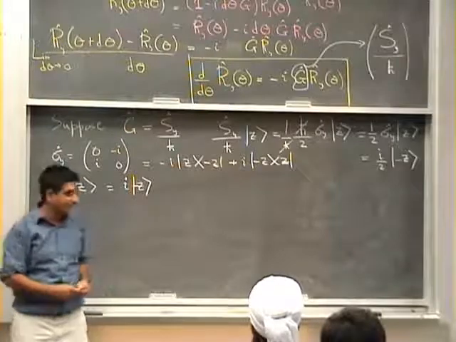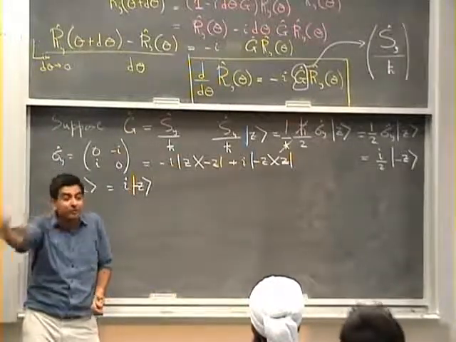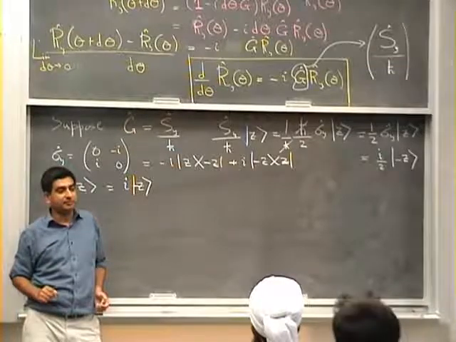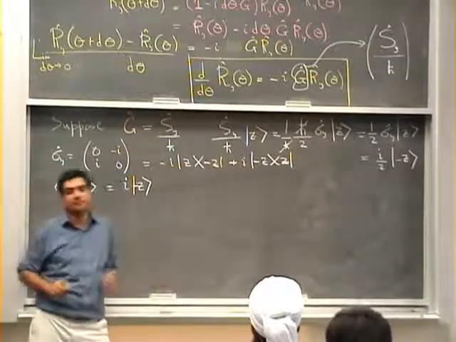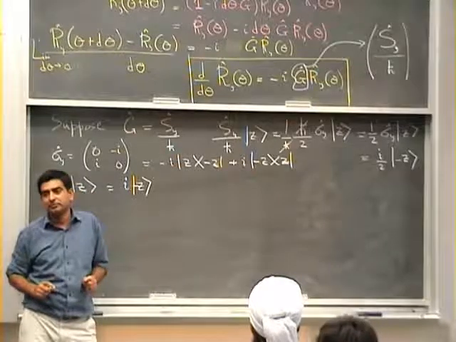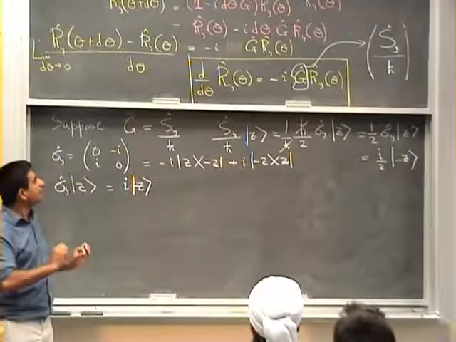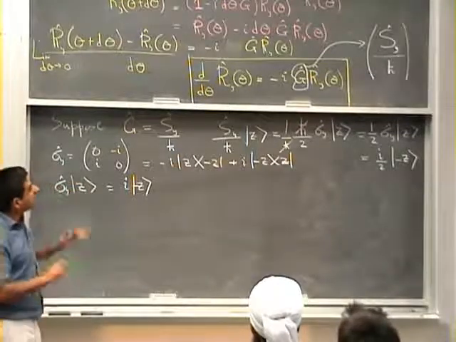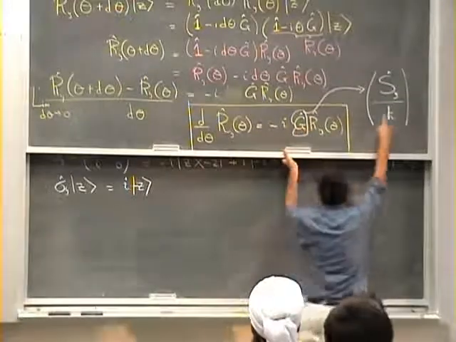Okay. The angular momentum operators generate rotations. Linear momentum operators we learn later generate translations. Okay. So if I have a rotation about the y-axis, my g must equal this.